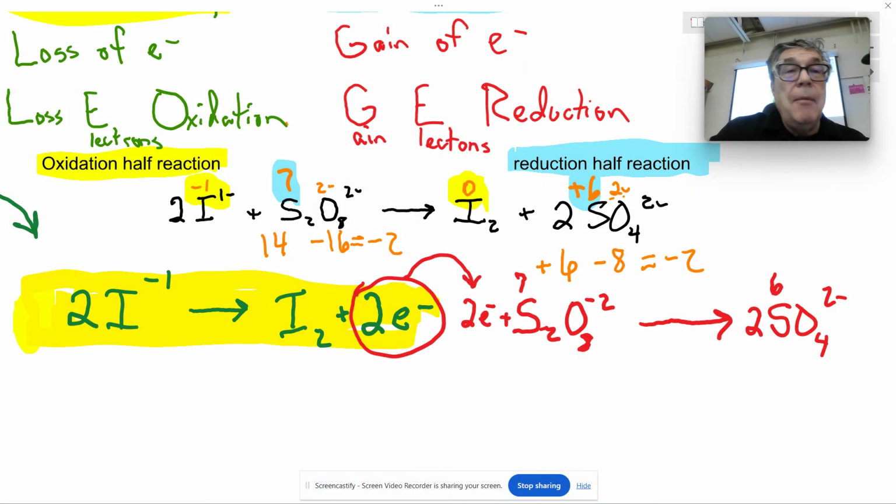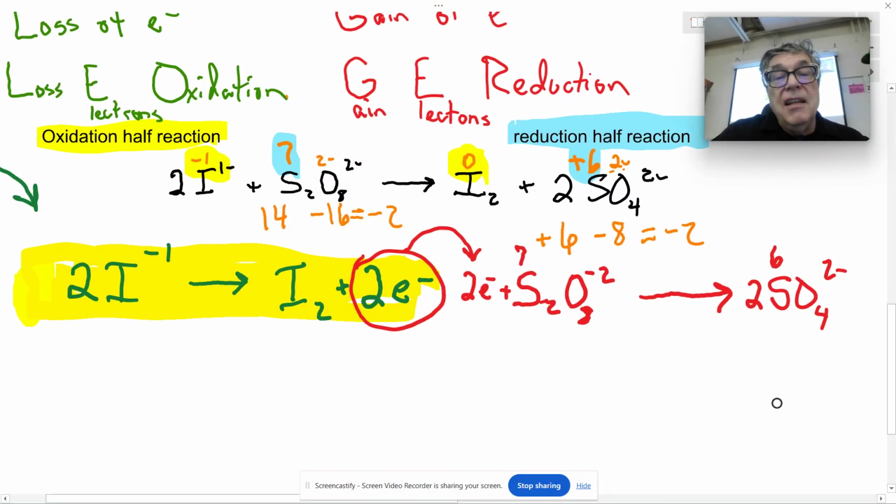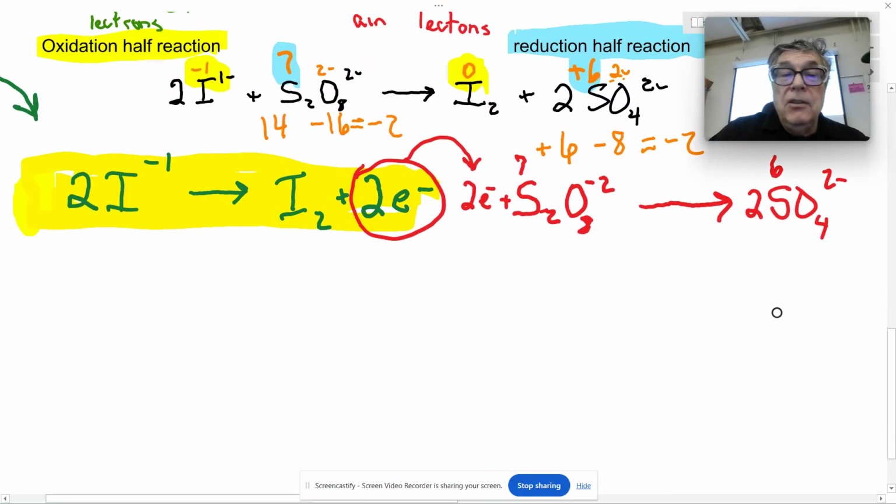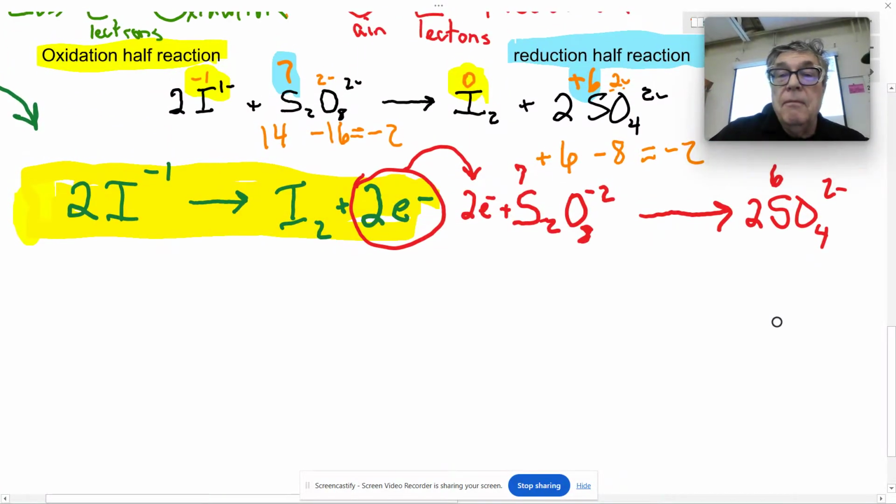So if you come across, oh, I had 2 things getting oxidized, you probably have a mistake, because if something is oxidized, something different has to be reduced. Now, we have just a little bit of room here. You still have room on your paper? Okay.